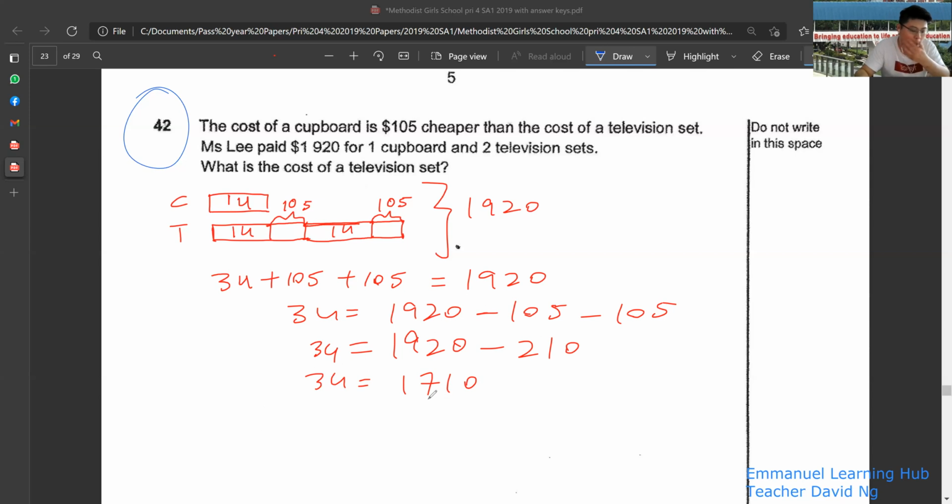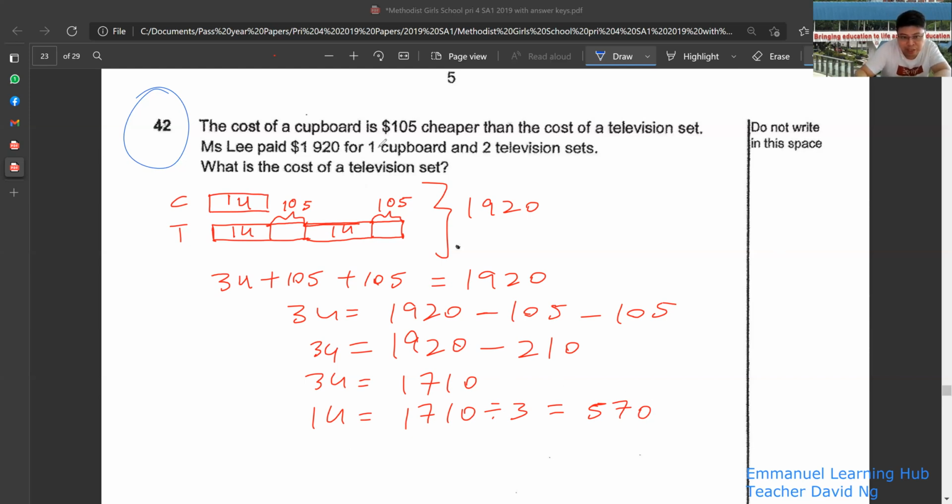Addition, subtraction, no problem, right? So 1 unit is 1,710 divided by 3. I trust you know how to do the division also. You've done so many times already. So 1 unit is 570. But that's not the end of the question.